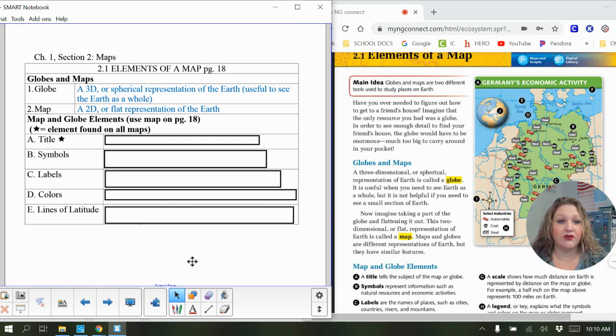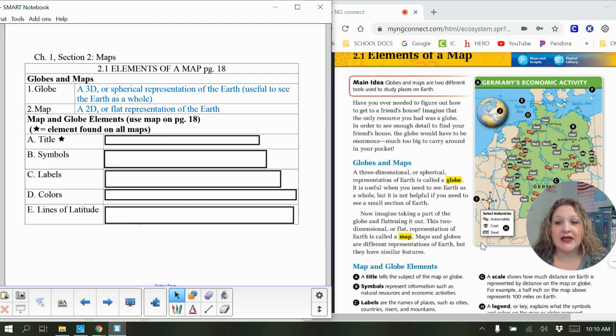As you see over here in the textbook, I know my video is a little bit over top of it, but we're looking at Germany there. So we zoomed in on Germany, and notice this little globe here is showing us where Germany is in the world on the globe. And we'll get a little bit more to that in a moment.